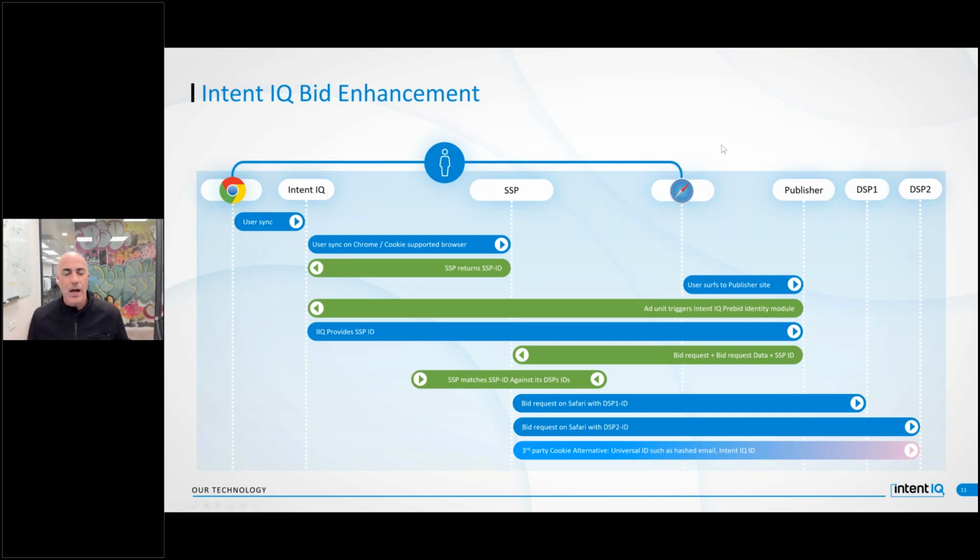I don't know exactly what your level of technical information is in general, but it's what we call a sequence diagram. So the time goes from top to bottom, and the entities describe the different relationships between those entities. In the middle, we're seeing a person, that blue person, having two devices. One would be using a Chrome browser, and on the right side would be a Safari browser. So it's kind of showing how Bid Enhancement works in a nutshell.